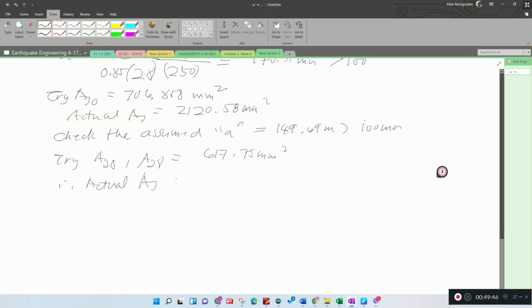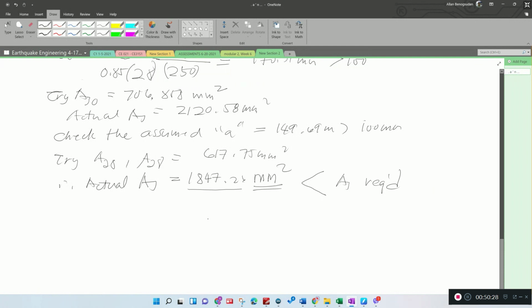So actual AS is equal to 1847.26 mm squared. Do not forget to put the units. But notice that when you do this, it becomes less than AS required.